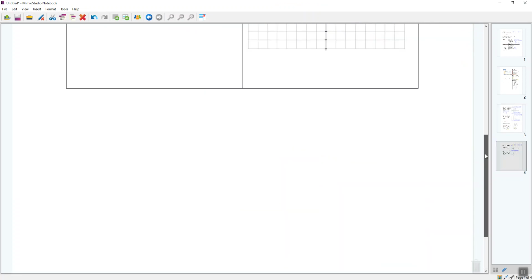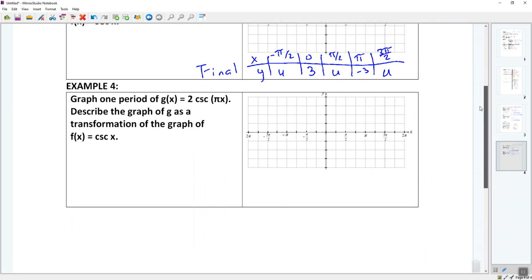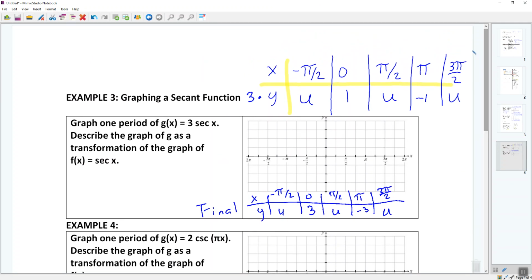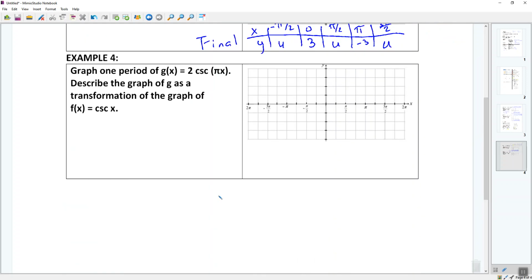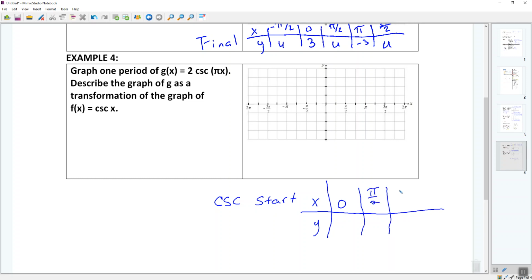Table I want you to use to start for cosecant. Is it okay if I write down that this was a secant function up here, kids? And now I'm going to put the cosecant start down below here. Your cosecant start table. All right, I need your help. I want you to use these as your start values. It's going to go every pi over 2 units.